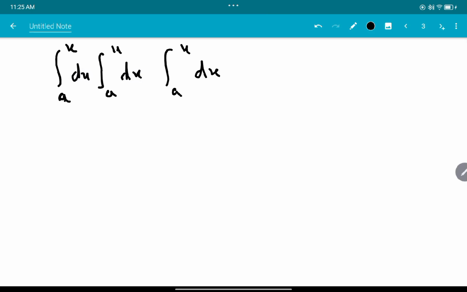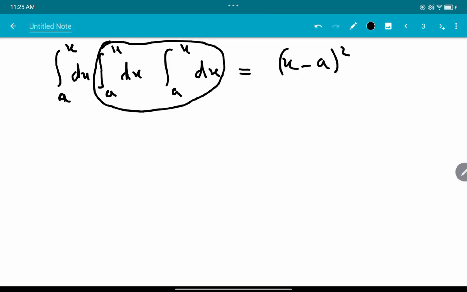We have already evaluated two of them, and we saw it is (x - a)^2 divided by 2. Then we are left with this one integral, and this much is the value of the two together, into dx.